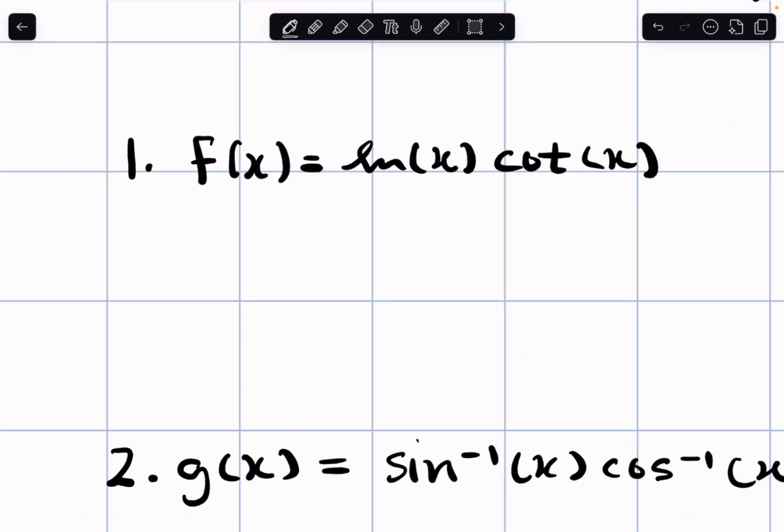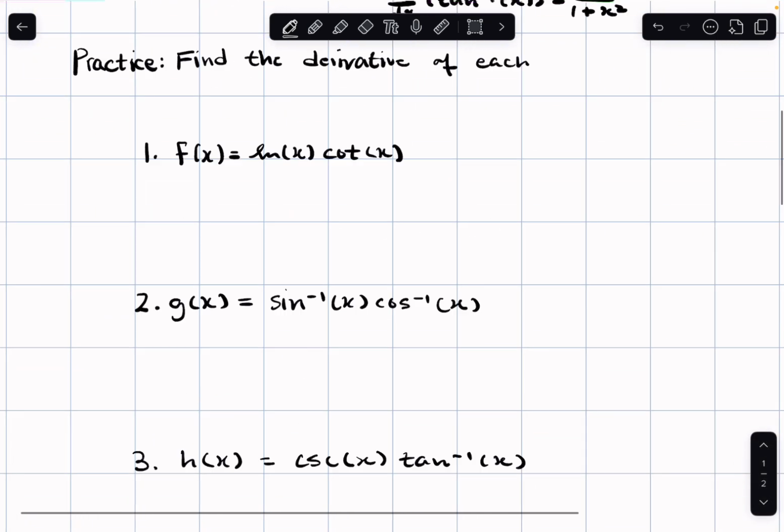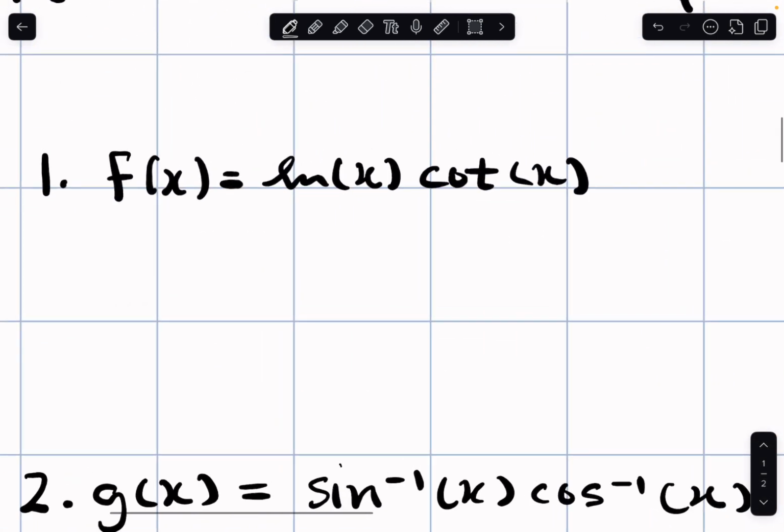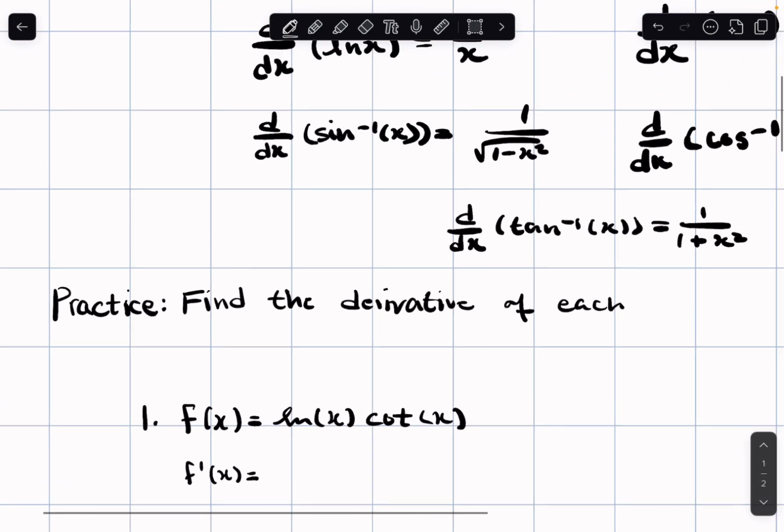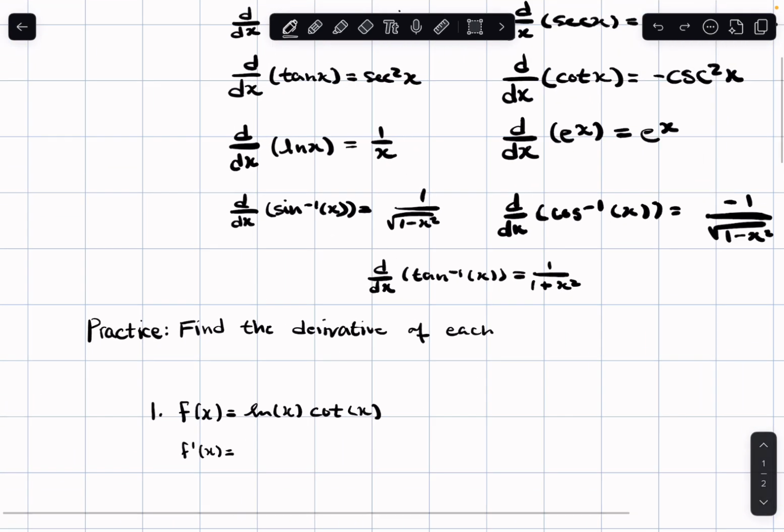The first one is the product rule, and I believe all the ones I put here are the product rule. So it's just going to be g prime times f plus f prime times g. So f prime of x is equal to the derivative of 1, and the derivative of ln of x, if we look back up here, we said is 1 over x.